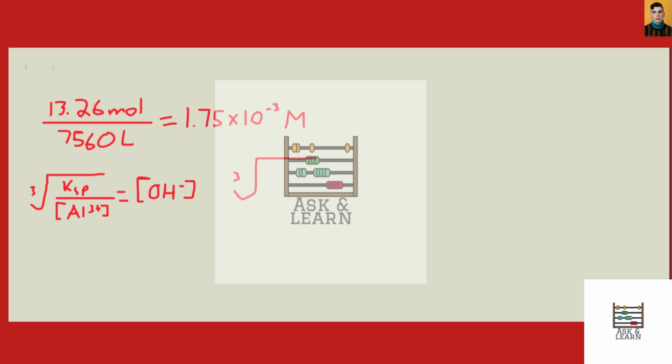So the cube root of 1.3 times 10 to the negative 33 over the concentration, 1.75 times 10 to the negative 3, is equal to the hydroxide concentration.